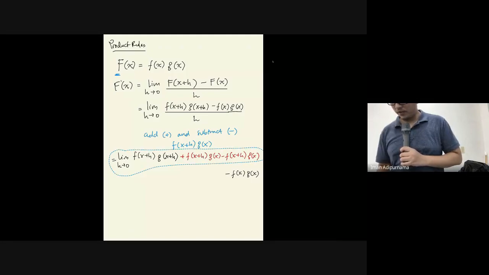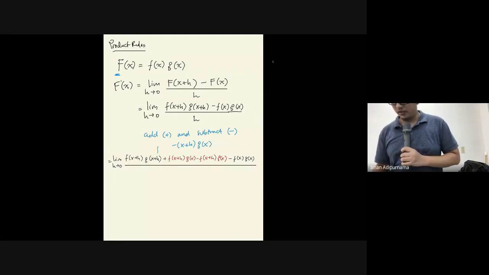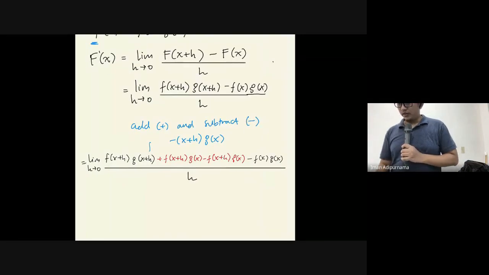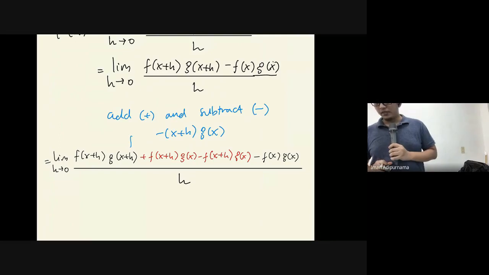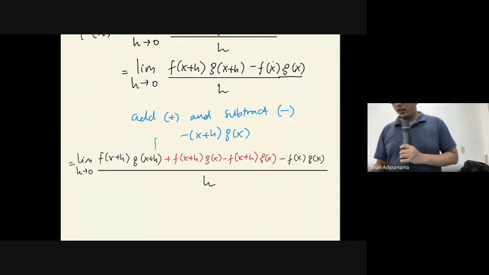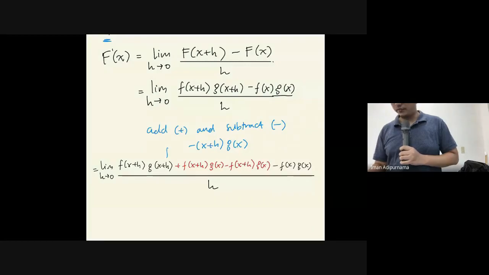Let me make it smaller. All divided by h. So the red color here is the tricky one. You need to plus and minus some expressions. The purpose of this addition and subtraction is to see whether it can change our function or not.